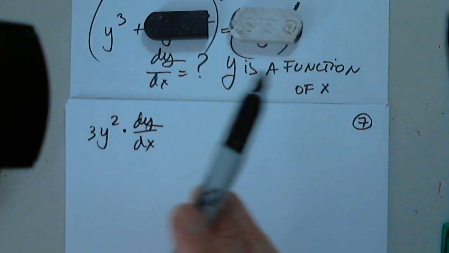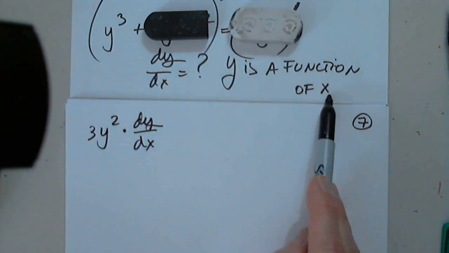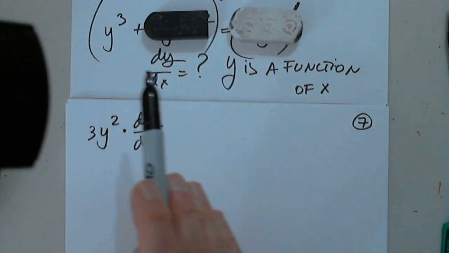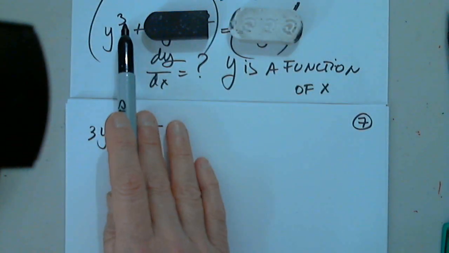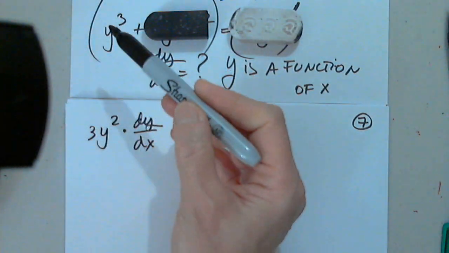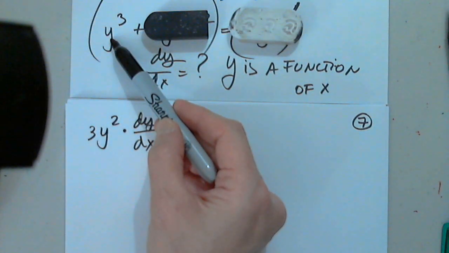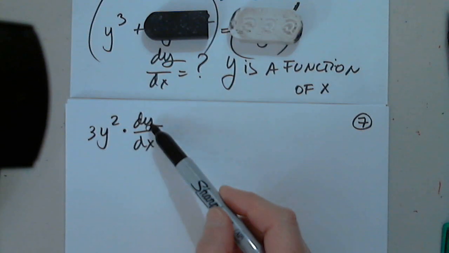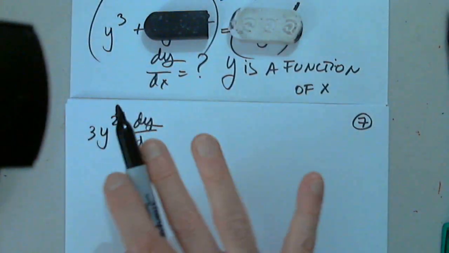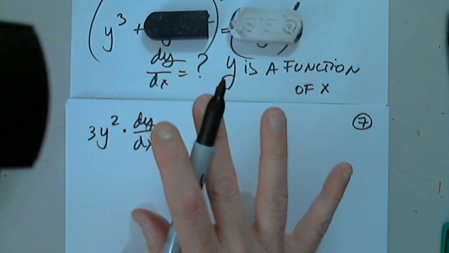So this is not a variable. y is a function of x. So when I differentiate y to the third, I bring 3 in front. I subtract 1 from the power. But since this is not plain x, it's a function of x, I have to multiply by y prime. But we don't want that notation because I'll show you why we don't want that.